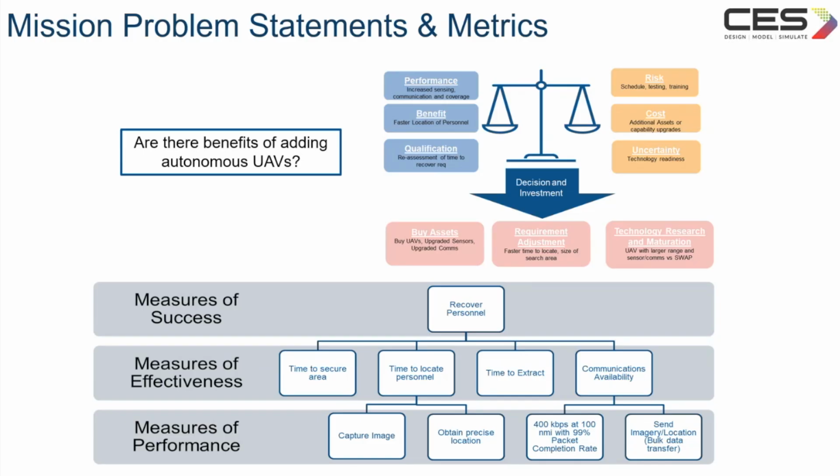I would say by establishing this traceability, we can evaluate how changes in the system design affect the mission outcomes and support informed decisions on investment, okay, requirements, and technology upgrades.